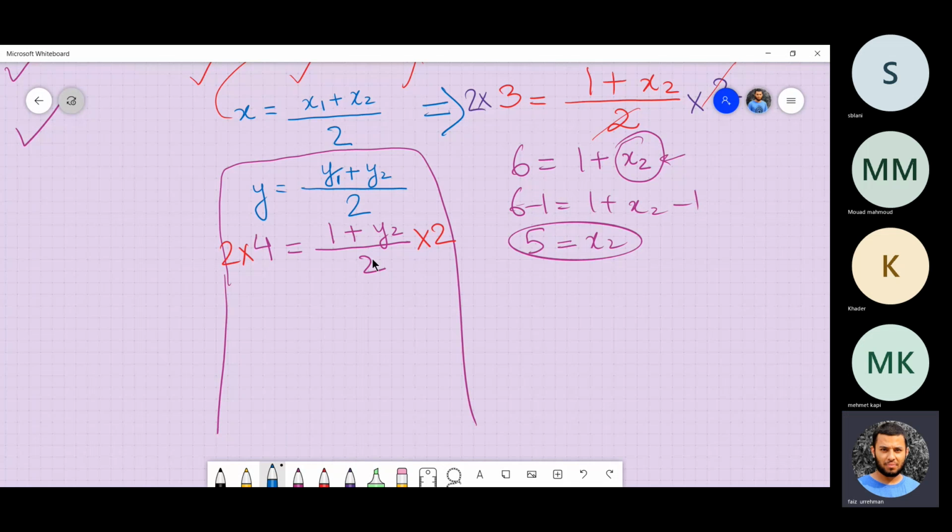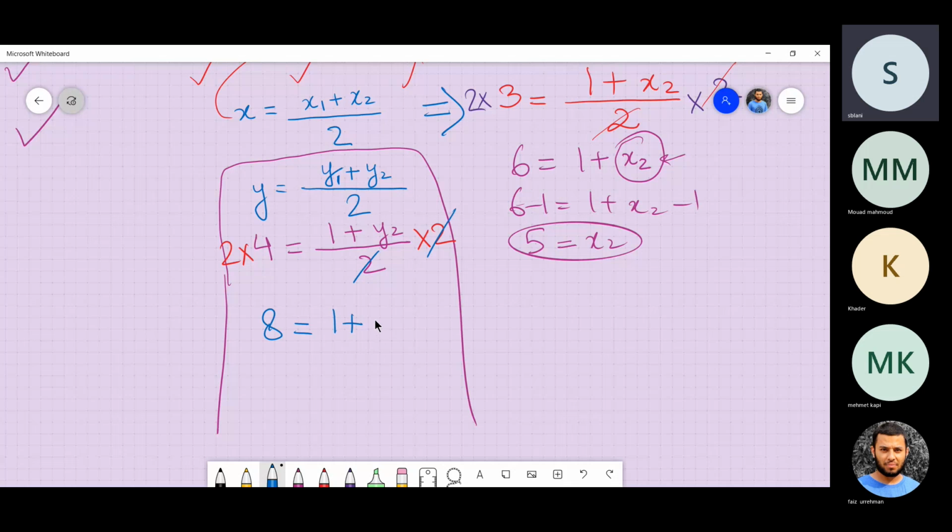What will remain? 8 is equal to, that is multiplication, not plus. So 8 is equal to 1 plus y2. So y2 will be how much? Y2 will be 9.